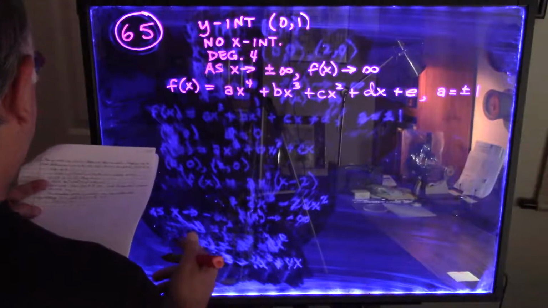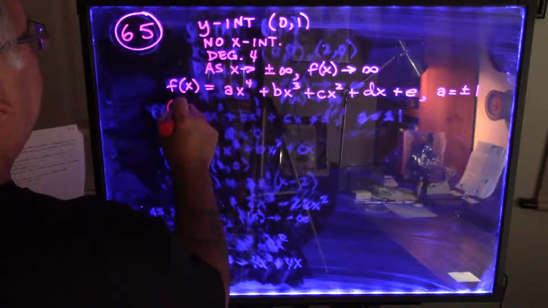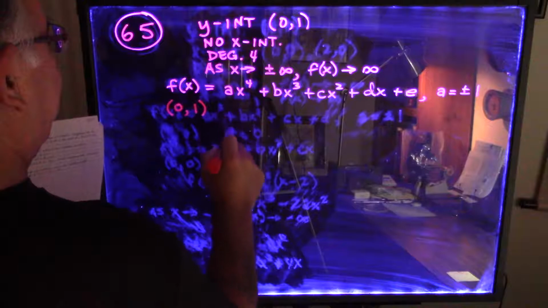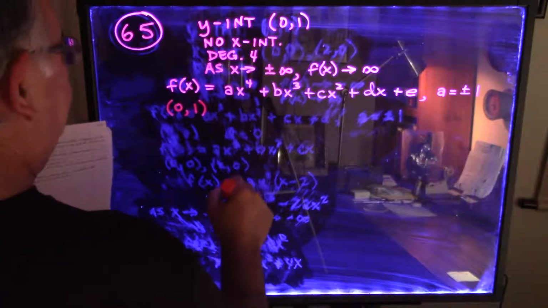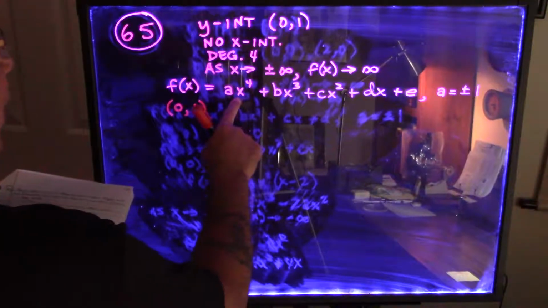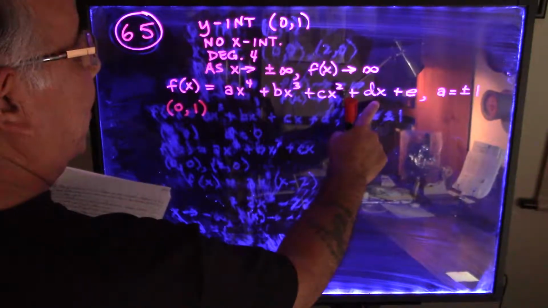So going on here, the y-intercept is 0, 1. So we can find out what e is here. f of 0, in other words, is equal to 1. So when you plug in x equal to 0, that term becomes 0, that becomes 0, that becomes 0, that becomes 0.